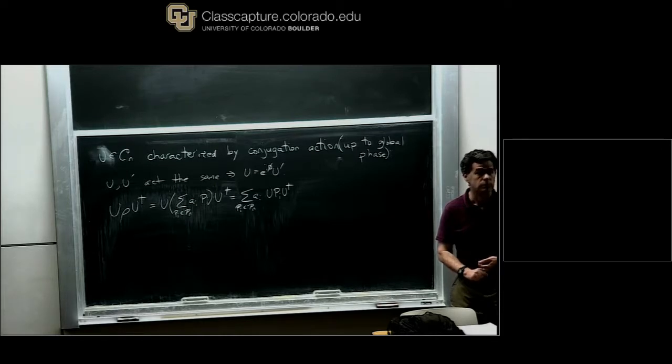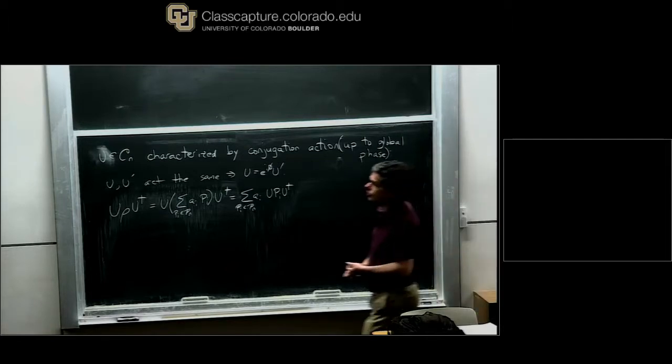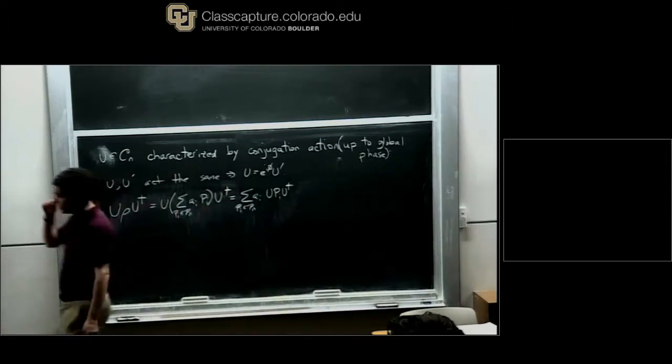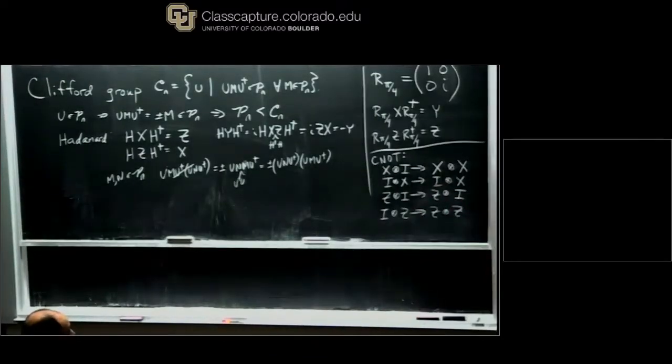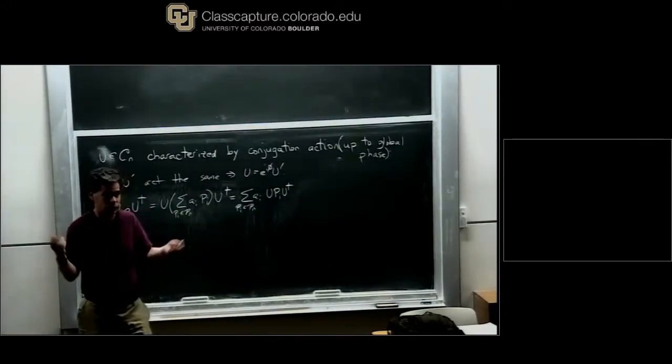Is it obvious why CNOT and R pi over 4 perform on the Hadamard? It's not particularly obvious. For Hadamard and R pi over 4, it's pretty obvious why they generate the single-qubit Clifford group, because it's permutations of 3 elements, and you have 2 transpositions, so you know that's going to work.